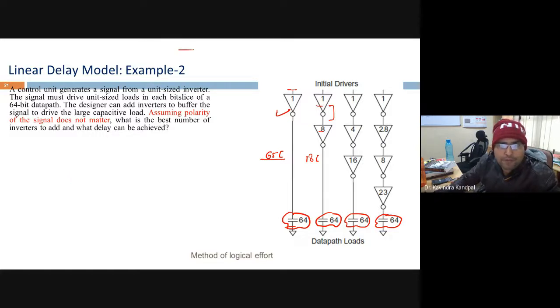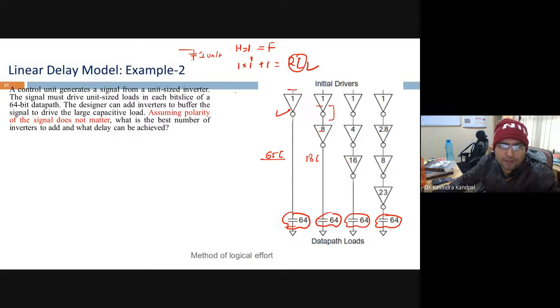If you want to drive a very small capacitance, let's say you were driving only 1 unit of capacitance, the H could have been 1. If H could have been 1, this could have been the same as F. Then 1 into 1 to the power 1 plus 1 would have been 2 times tau delay. Yes or no?